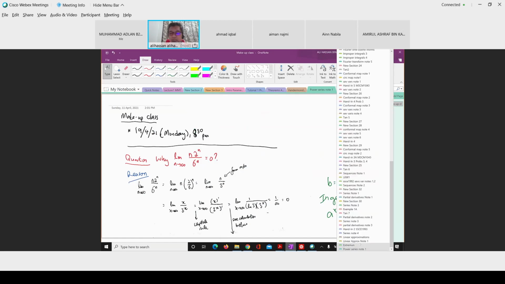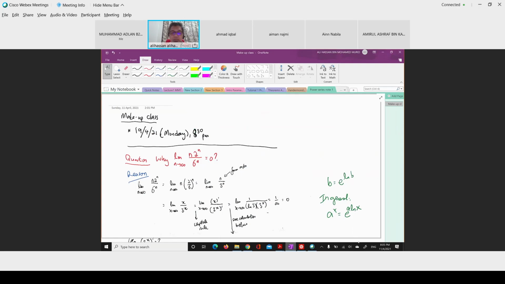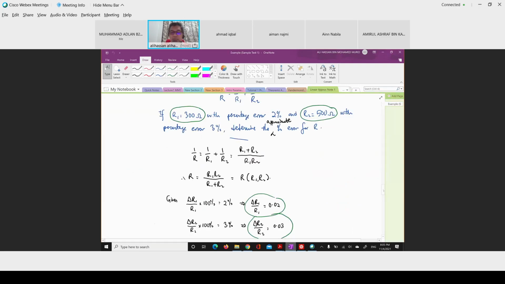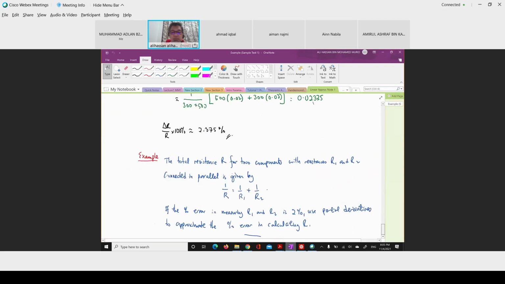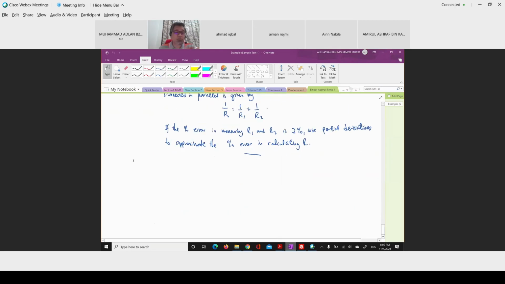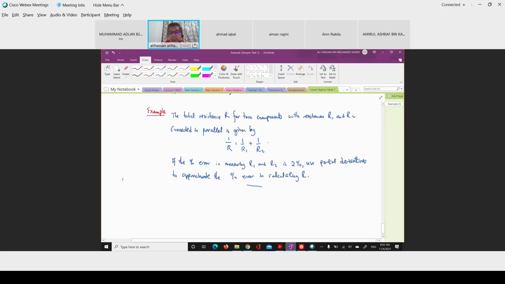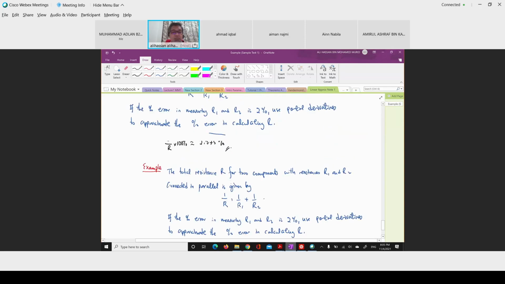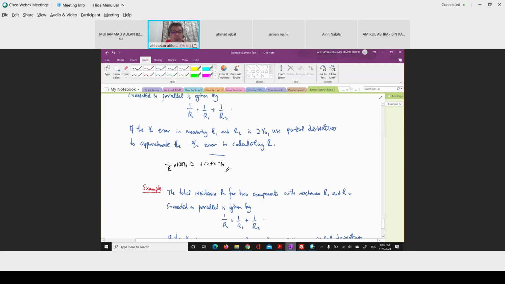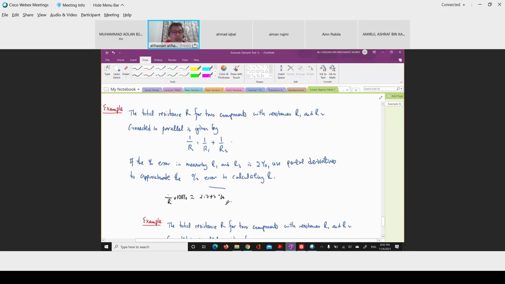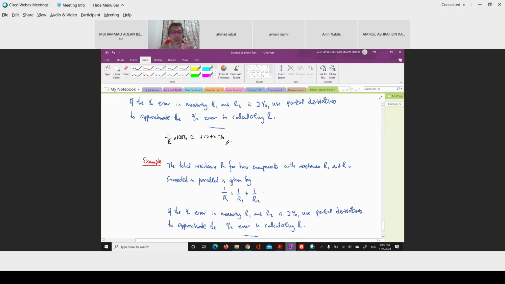Linear approximation note. Yeah, this is the one. Let me continue from here. The calculations are the same as the previous. What am I doing here?